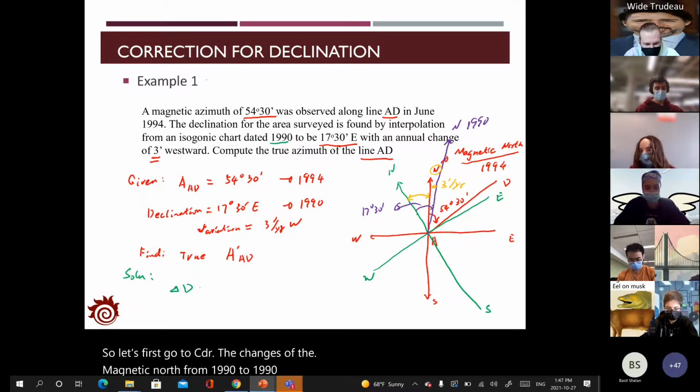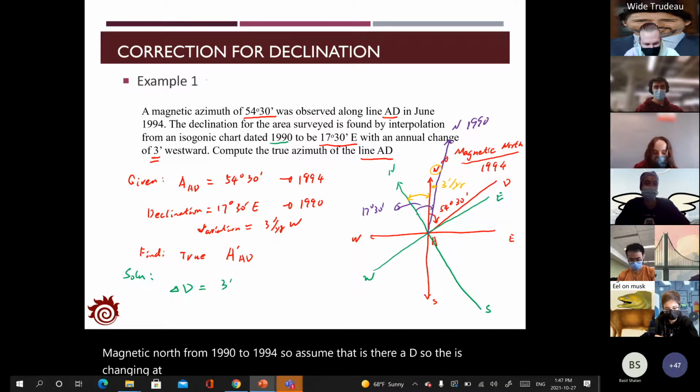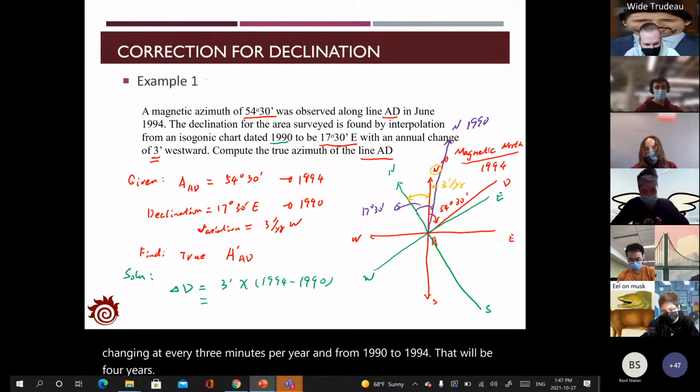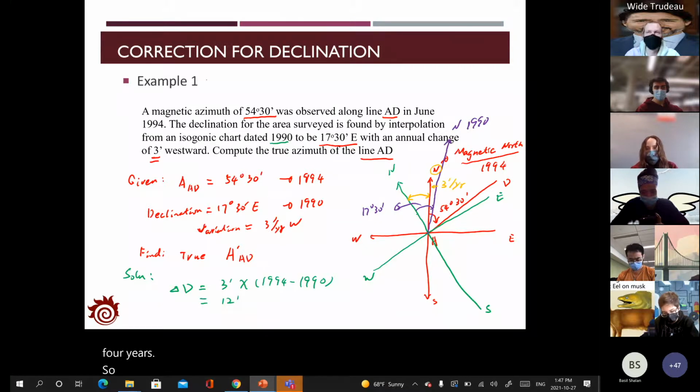Assume that the change is delta D. It's changing at 3 minutes per year, and from 1990 to 1994, that will be 4 years. So it's changing about 12 minutes to the west side.